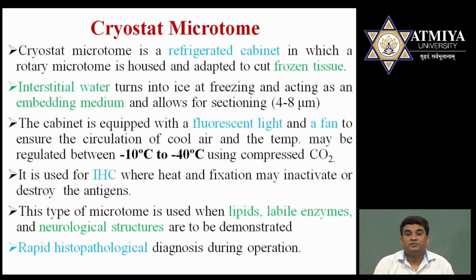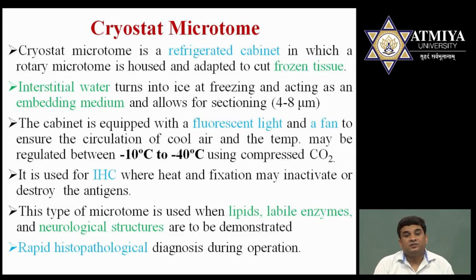So here there is no need to fix the tissue, and frozen samples can be used directly for sectioning, right? The cabinet is provided with temperature control, fan and everything, so the temperature is maintained around -10 to -40 degrees Celsius inside the cabinet, which freezes the tissue inside the cabinet itself.